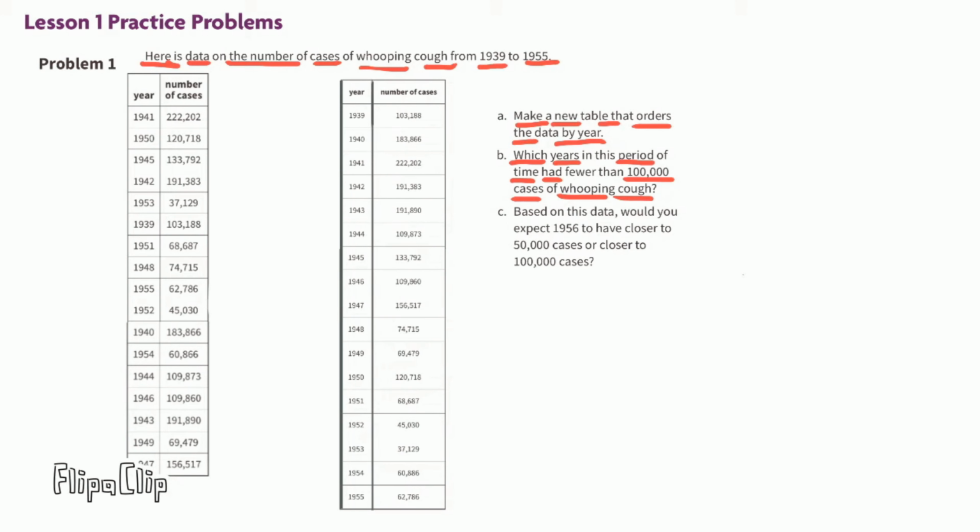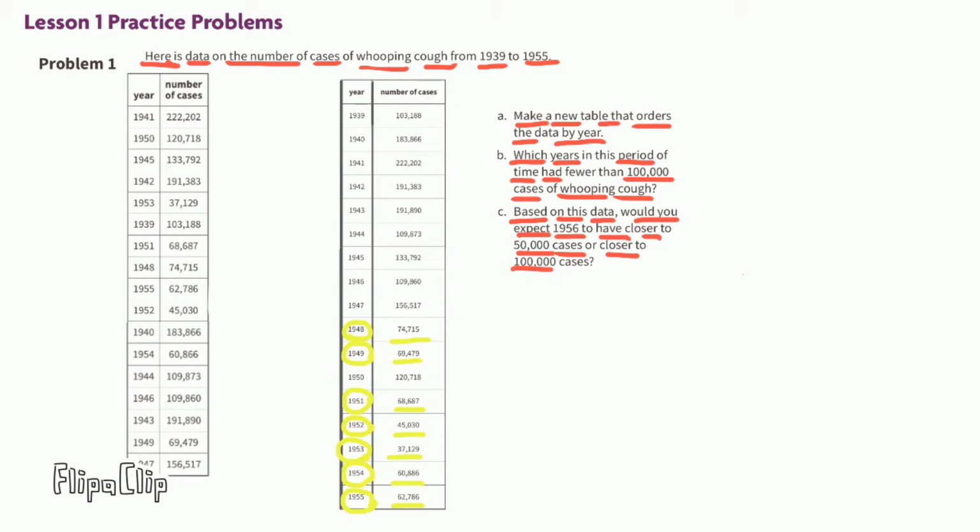B. Which years in this period of time had fewer than 100,000 cases of whooping cough? Here you can see that the years 1948, 49, 51, 52, 53, 54, and 55 had fewer than 100,000 cases of whooping cough.